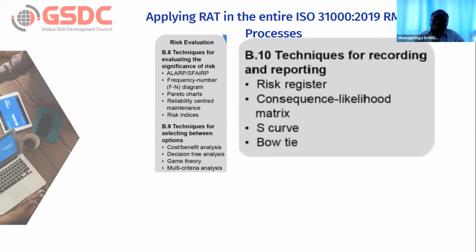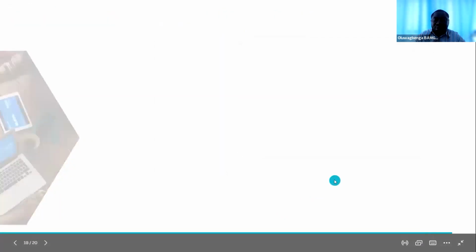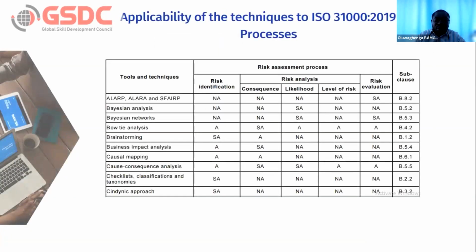Then, of course, techniques for recording, B10, we largely use consequence likelihood metrics, or we use the simple one, the risk register. That's what we use for recording and reporting the risk.